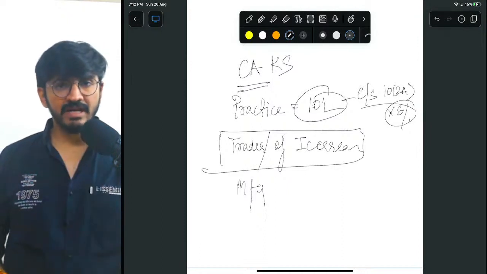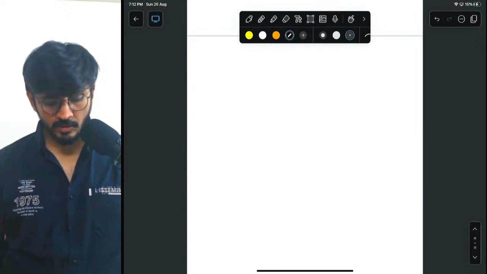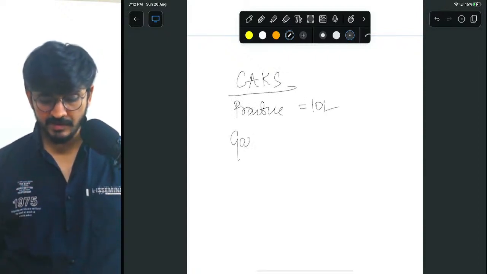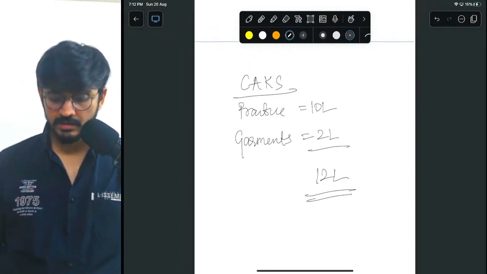And in the current financial year, let's say for example, my practice income is 10 lakhs and I'm selling garments for rupees 2 lakhs. So 12 lakhs.